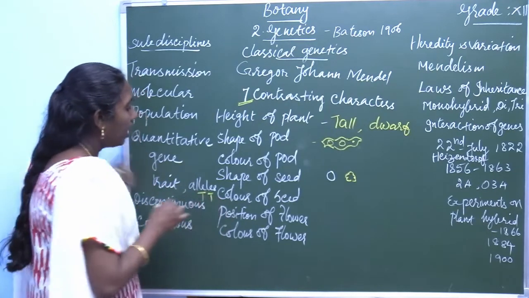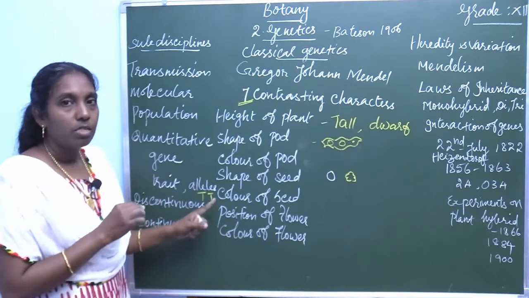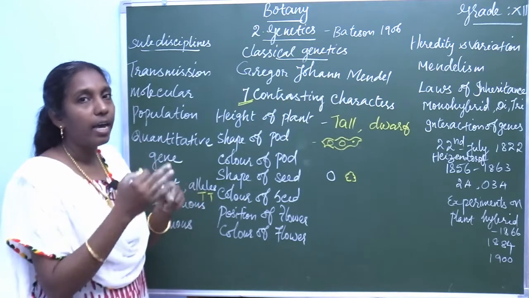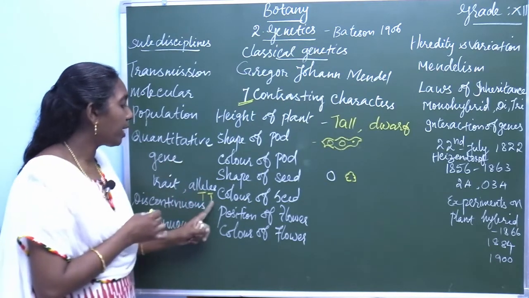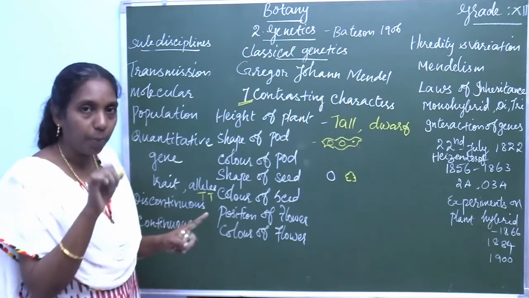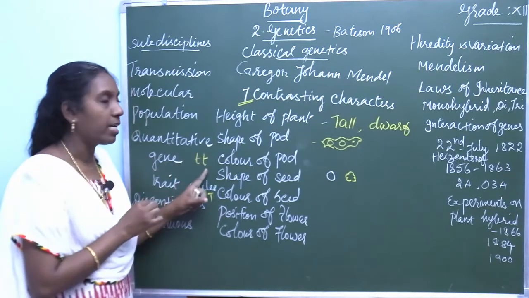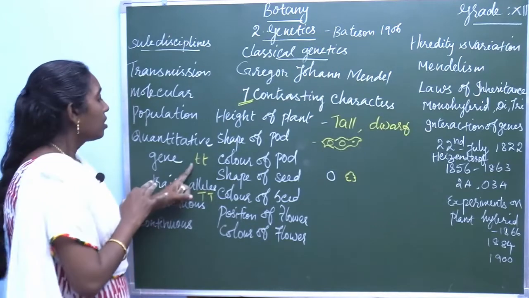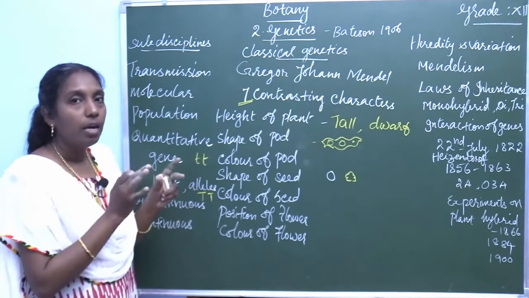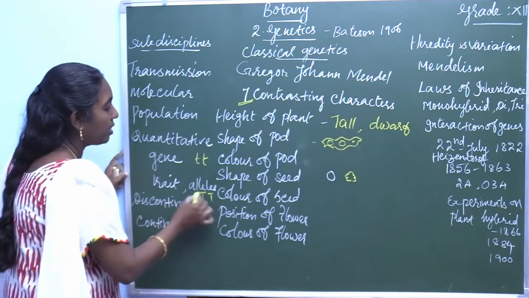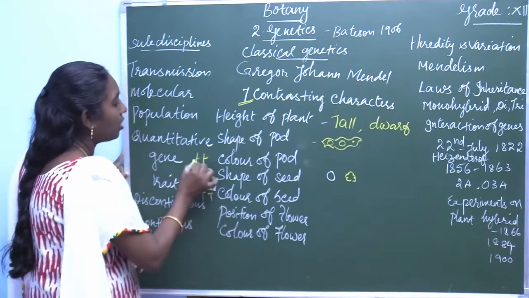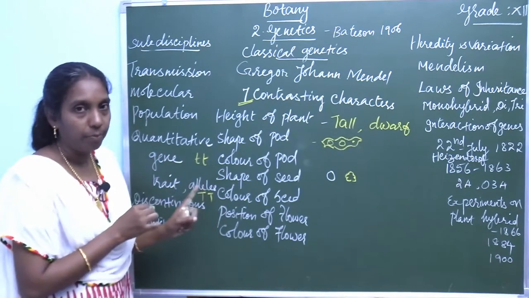For example, capital T, capital T. So, it shows dominant and recessive characters. The dominant character is represented by capital letters and the recessive genes are represented by small letters. They are in pairs. These alleles represent capital T or small t.